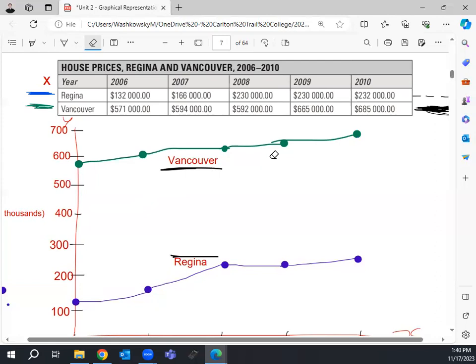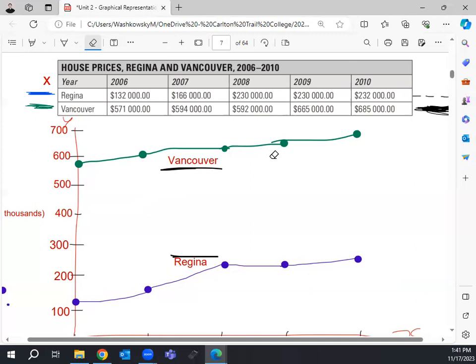Like these two. Mine's not very expensive, but they're only $2,000 away. This graph is up to $700,000. That might look like it's at the exact same place. So it's harder to see those small money differences over time if the data set is really small.